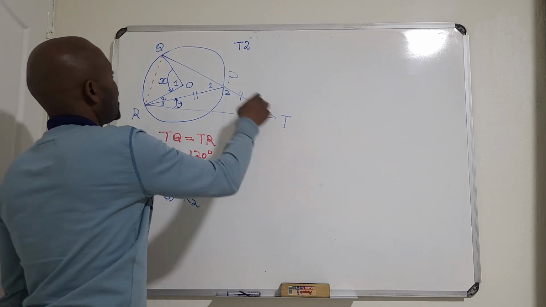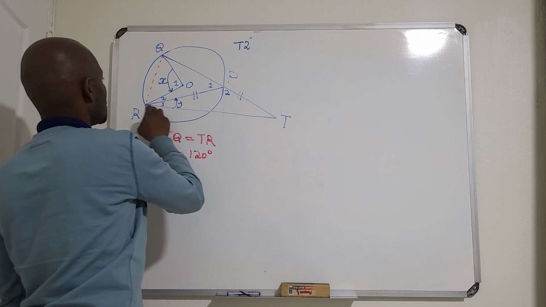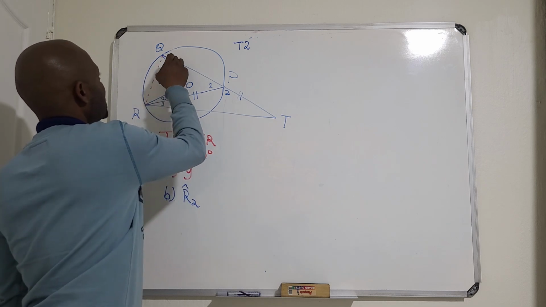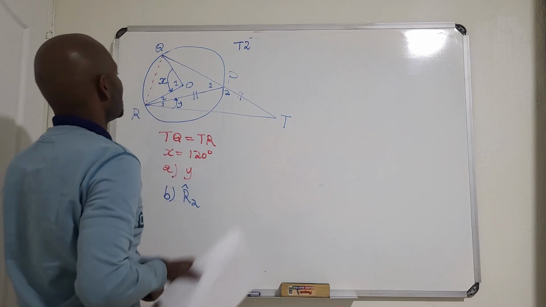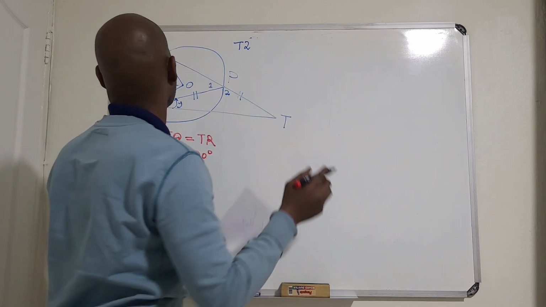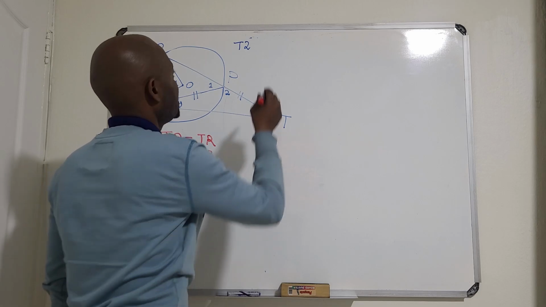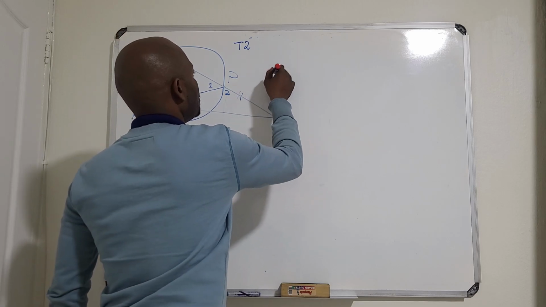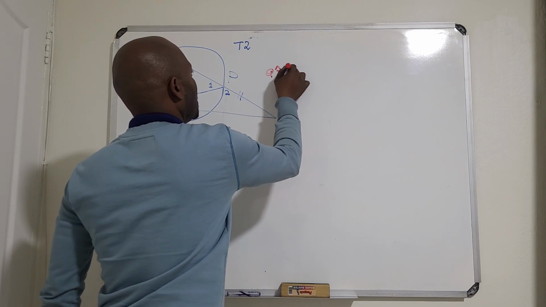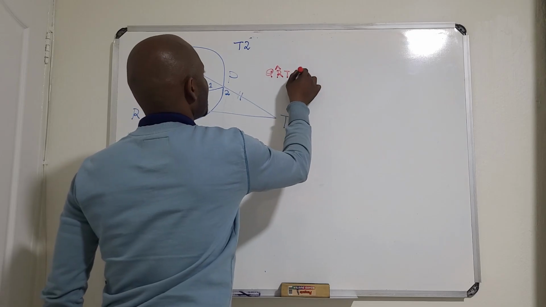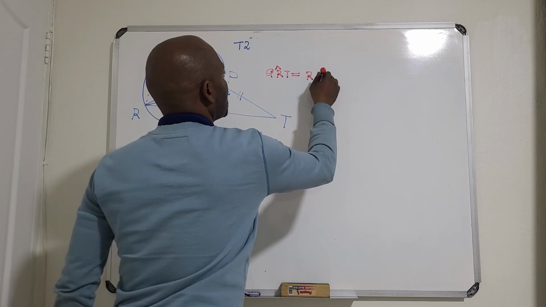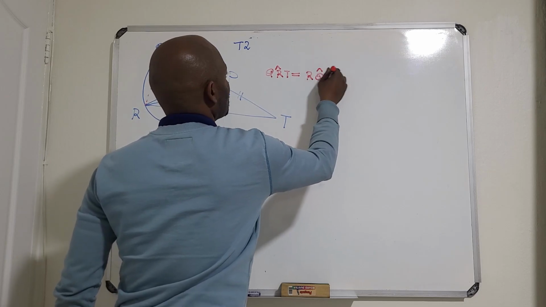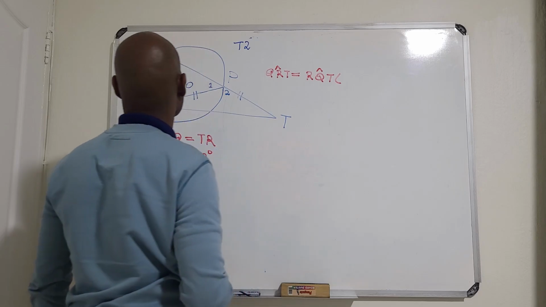Therefore, since this line is equal to this line, it means that this angle there is equal to this angle there. Let's write it down. Angle QRT is equal to angle RQT. Reason?